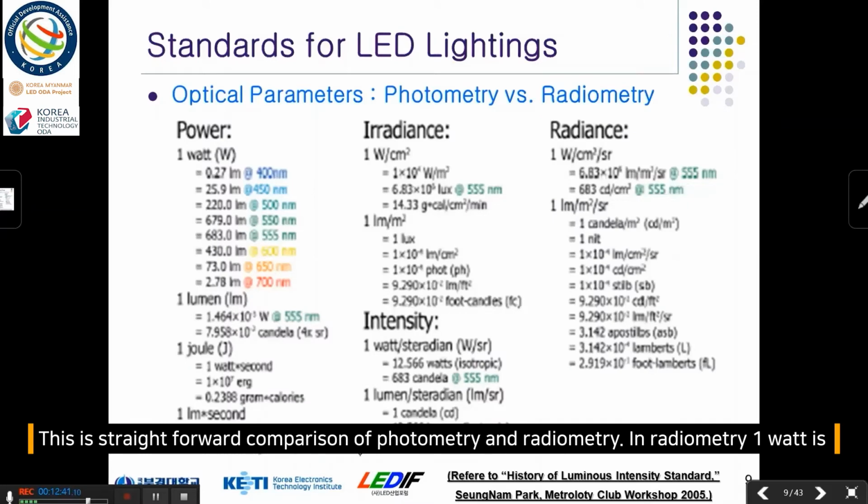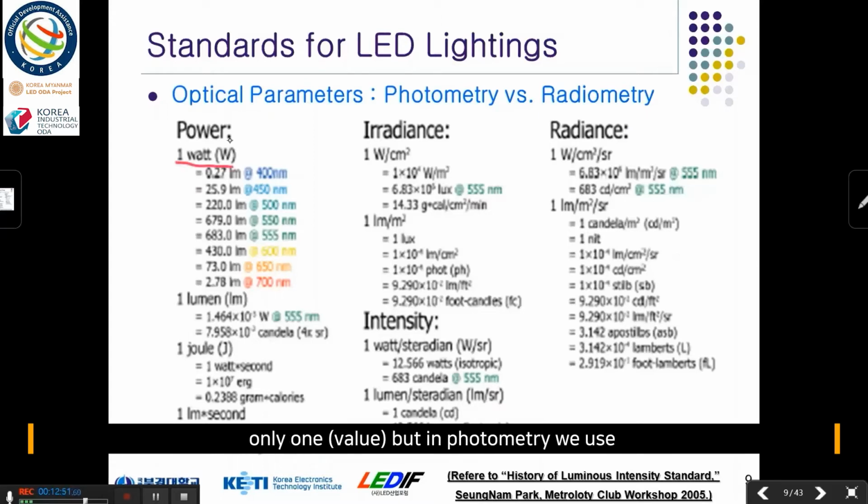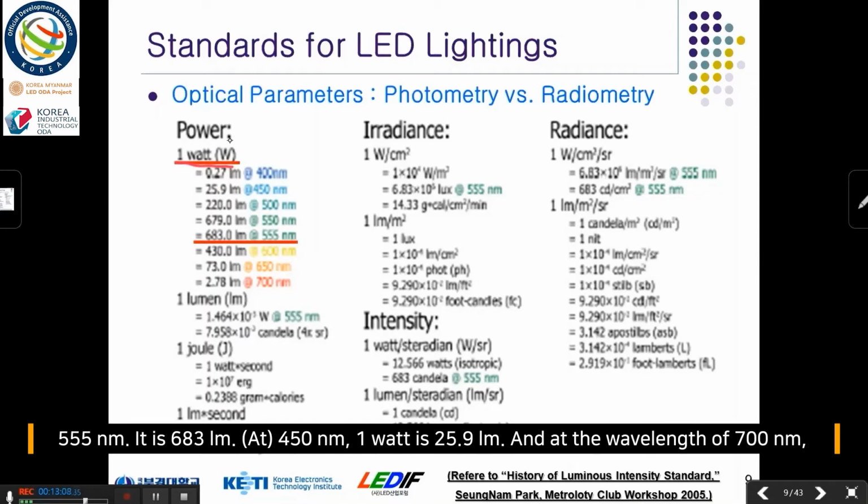This is a straightforward comparison of photometry and radiometry. In radiometry, 1 watt is 1, but in photometry, we use many values according to the wavelengths. An important point is the wavelength of 555 nanometer. There it is 683 lumen.